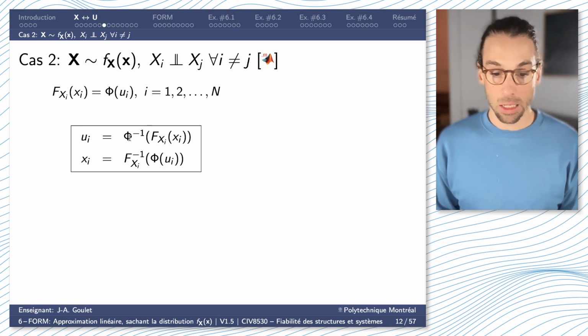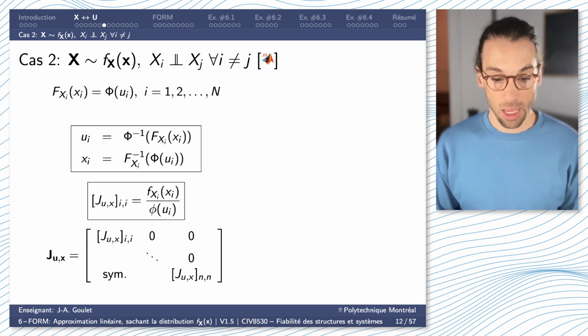So ui equals the inverse standard normal CDF of F of xi, the CDF of my ith original random variable. If I want to flip this relationship to go from ui to xi, the inverse CDF of xi applied to the standard normal CDF of ui is going to give me my x space.